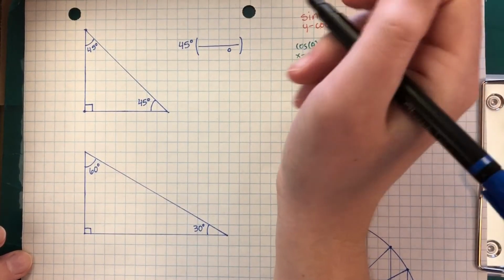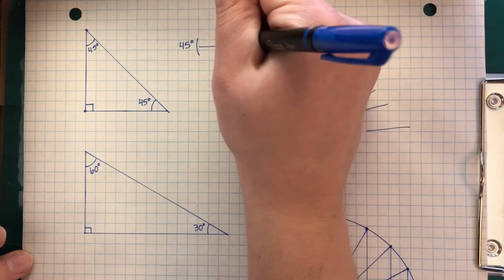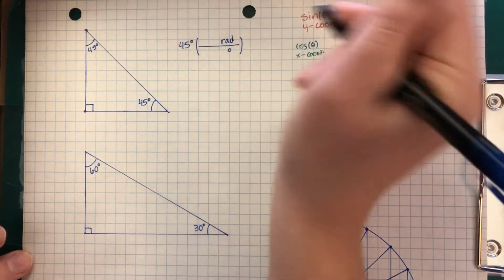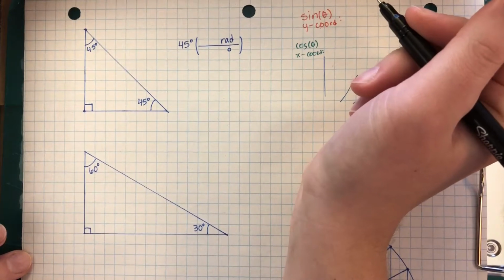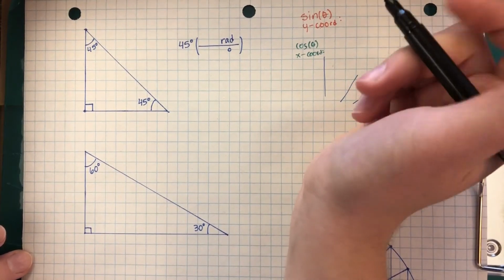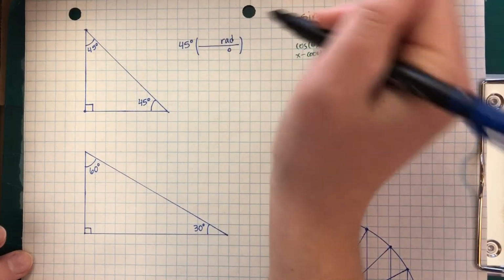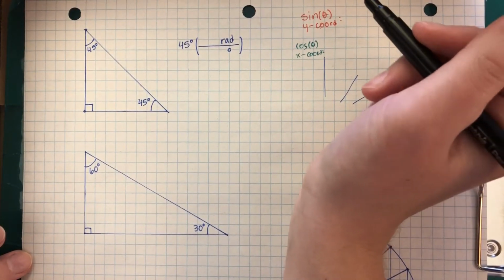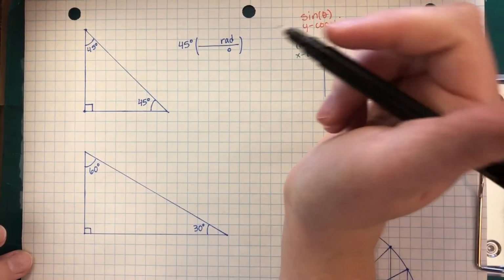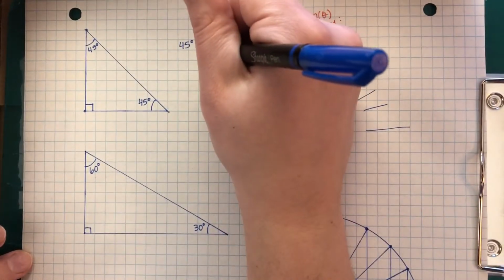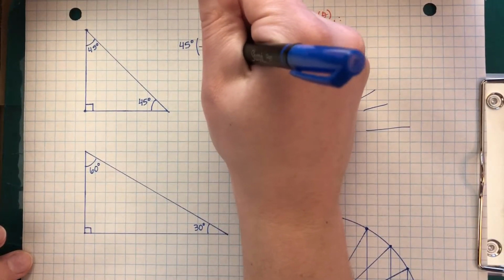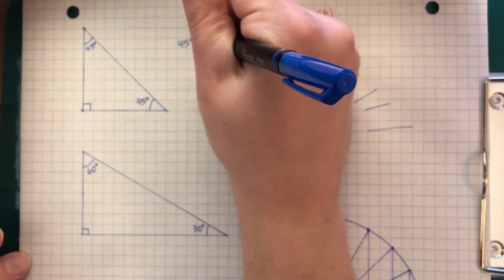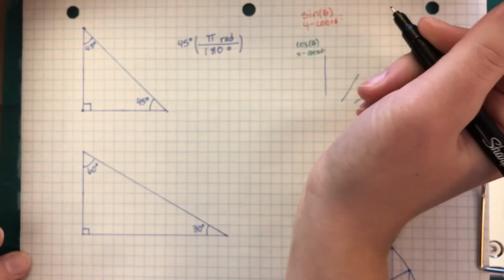And then I want to end up with radians, so on the top of the fraction, I'm going to put a number in radians. And then I want the top and bottom of the fraction to be equal to each other in their unit systems. So the equivalence I'm going to use is that 180 degrees equals pi radians.